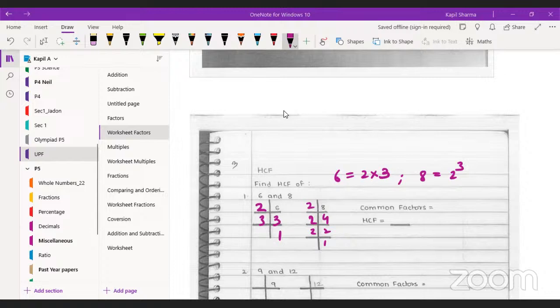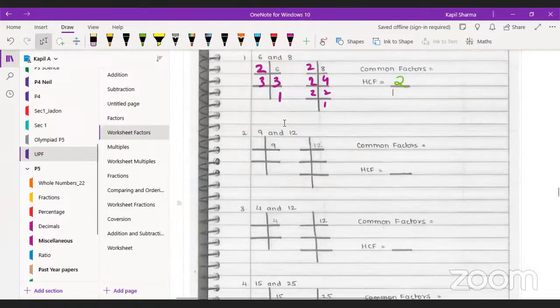Yes, 2. Okay, so we can see that 2 is the common factor and we need to take the smallest power of 2. So HCF is 2.